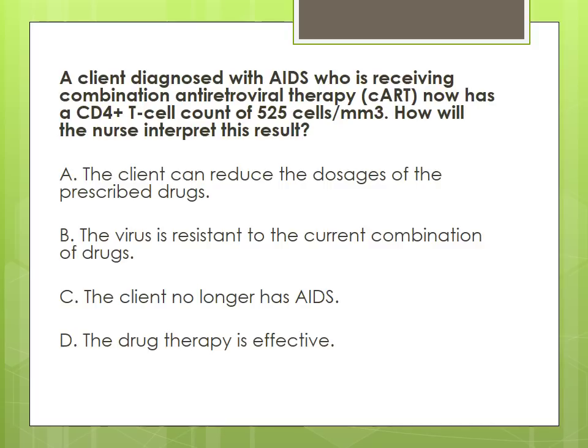A client who is diagnosed with AIDS meets the criteria, then they're in the stage 3 category of HIV infection. So even if their CD4 count goes up because of therapy, they still have that AIDS diagnosis. That does not go away. The fact that the T cells are up tells us that the combination of drugs is effective, right? That doesn't mean, though, that we decrease the drugs.